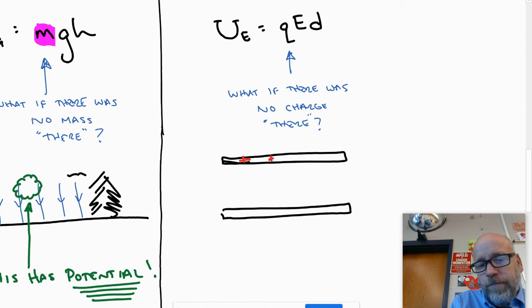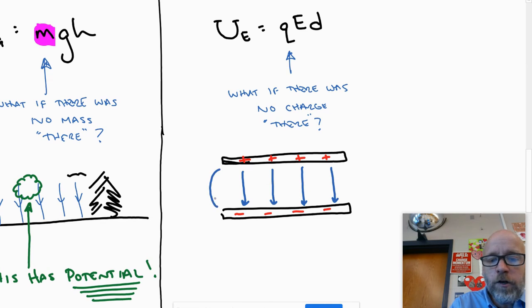So if I have a positively charged plate and a negatively charged plate, I would end up with a field line that goes from top to bottom. And the field strength is actually uniform between those two plates. It doesn't get stronger the closer you get to one plate or the other. The field actually stays uniform.